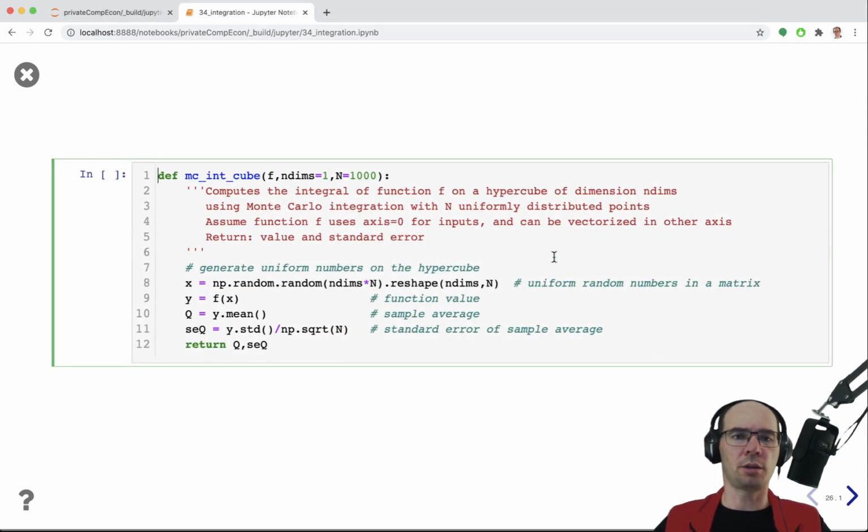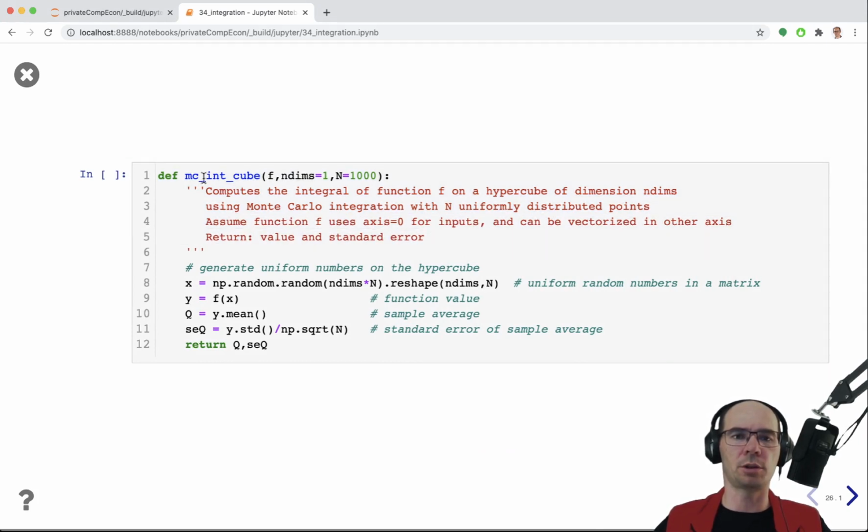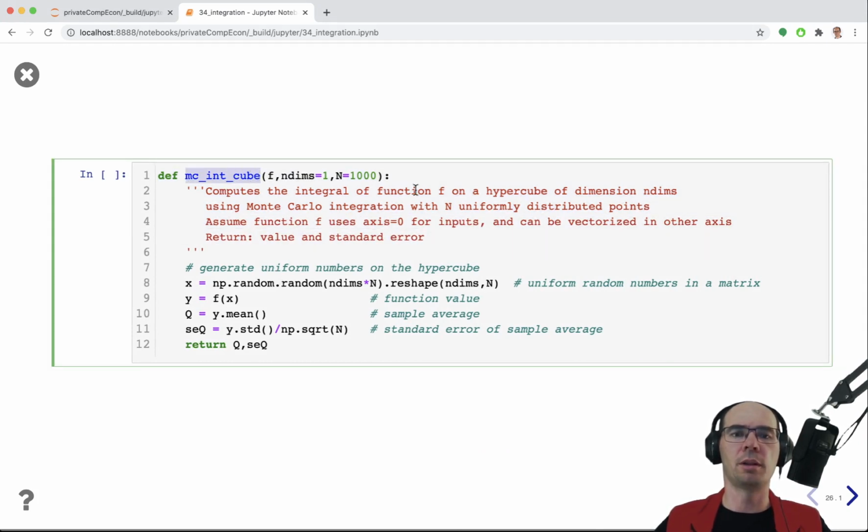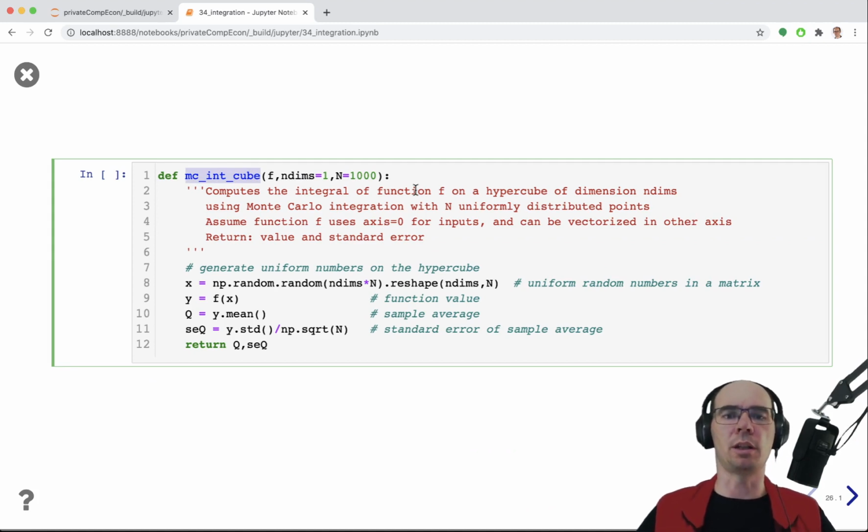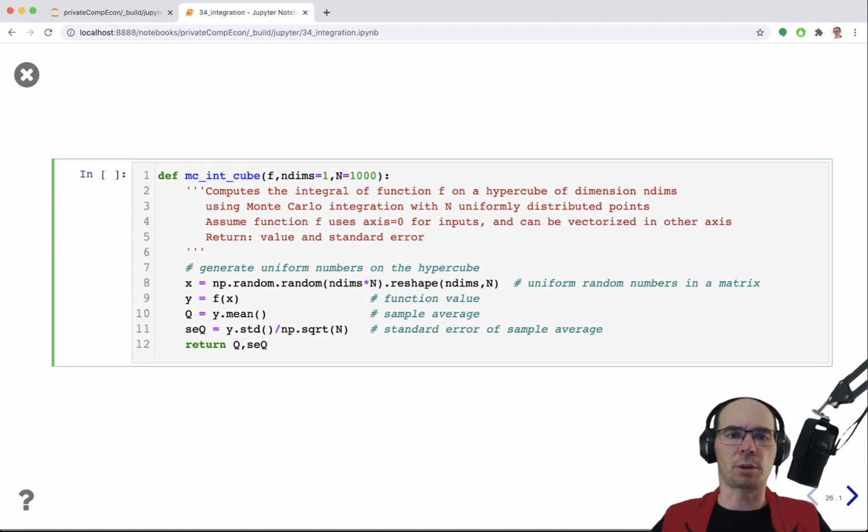All right, and so here's a simple realization on the multidimensional unit cube. Okay, so this is that simple case, just to illustrate some calculations. So what happens here? The inputs are the function, the number of dimensions for this hypercube, and the number of Monte Carlo draws that we want to use to approximate the integral.